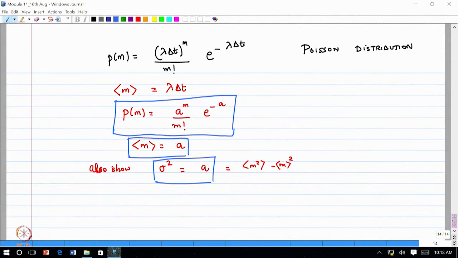Okay. So this is widely used, for example, in radioactive nucleus decay.